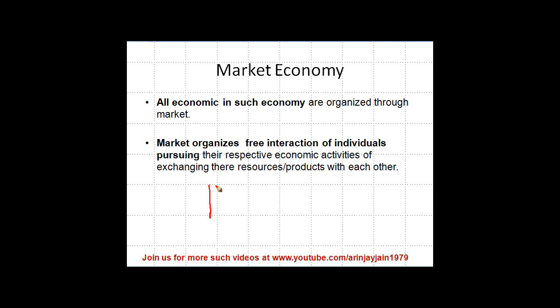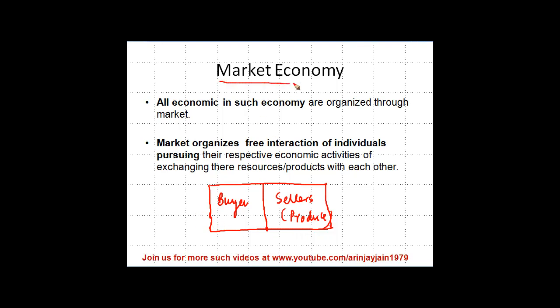In a market economy, there is a set of people who are, let's say, buyers, and a set of people who are sellers, who produce goods. So in a market economy, the entire economy is more in the shape of a market. All the economic activity in such an economy is organized through the market.